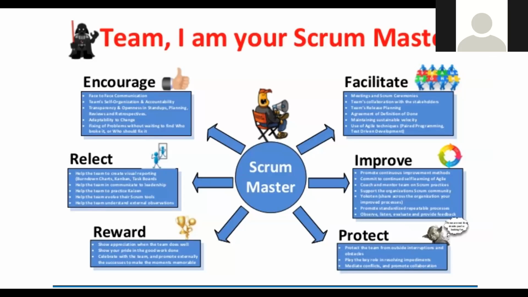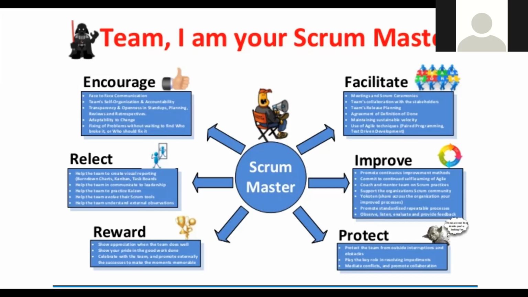Next slide, please. So I have here a visual. I am your Scrum Master, and what do I do? Encourage, reflect, reward, facilitate, improve, and protect. Encourage means he encourages the team. He facilitates Scrum within both the team and the organization.